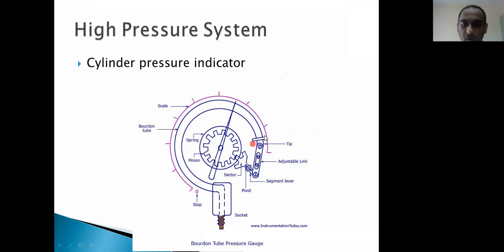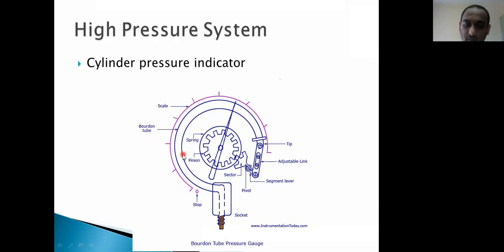As the tip of this tube moves due to the straightening force, this assembly moves, which rotates this wheel, and the needle moves, and there is display of the pressure on the scale. So this is called the Bourdon tube pressure gauge.